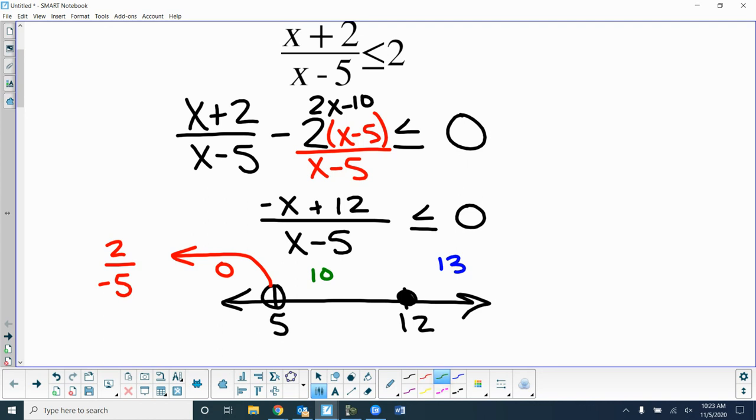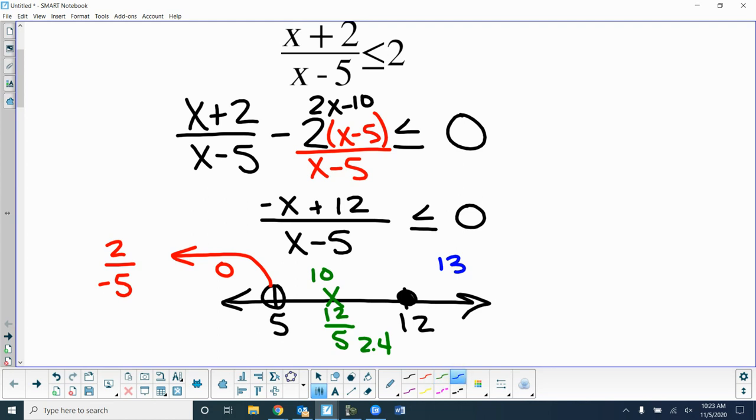For the 10, 10 plus 2 would be 12. And 10 minus 5 would be 5. And that's 2.4 when I write it as a decimal. Is 2.4 less than or equal to 2? No. So I wouldn't draw an arrow or a line connecting those. You can put a little X if you want.